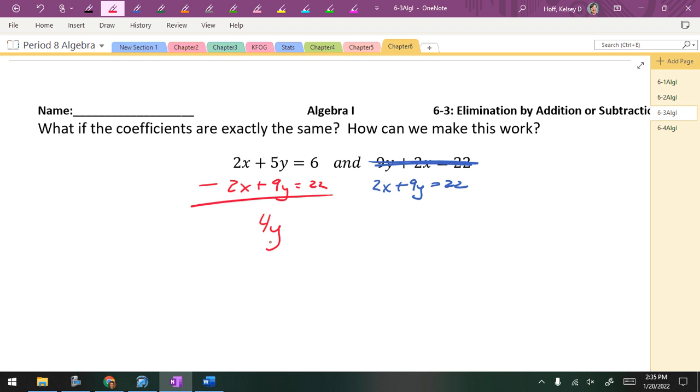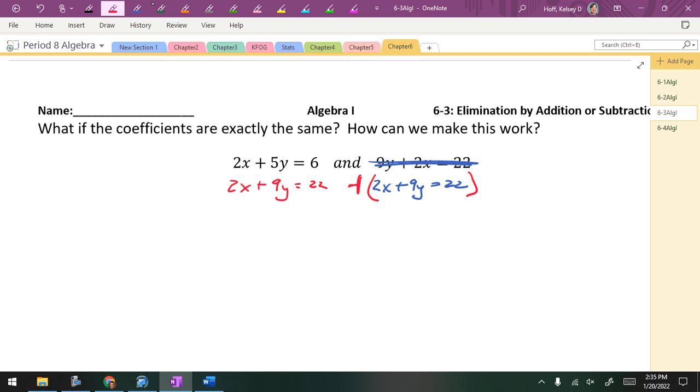If I just took 2x minus 2x, they would cancel, right? So here's what happens. A lot of times we put that negative sign out there, that subtraction sign, but people forget that I'm subtracting 2x, I'm subtracting 9y, and I'm subtracting 22. So what I would suggest you do is to multiply your second equation by a negative 1.